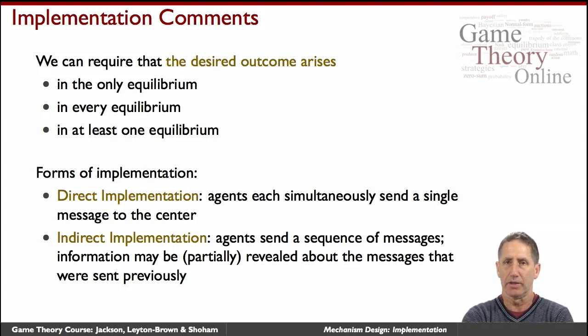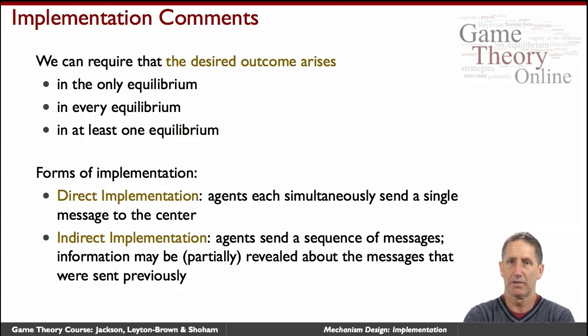Think even about voting as an example. You could simply disclose once and for all something, for example, your entire preference profile. I prefer A to C to B, or if the mechanism calls for only disclosing a top choice, say I simply prefer A to the others, and that's it.